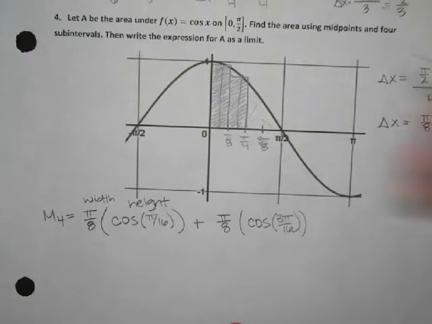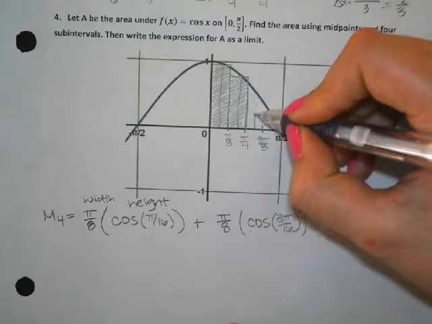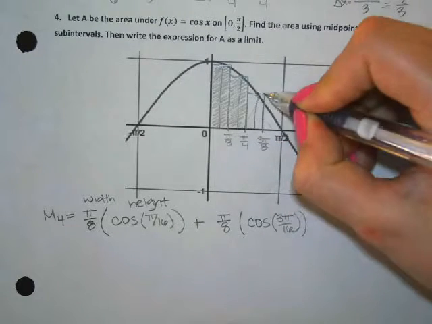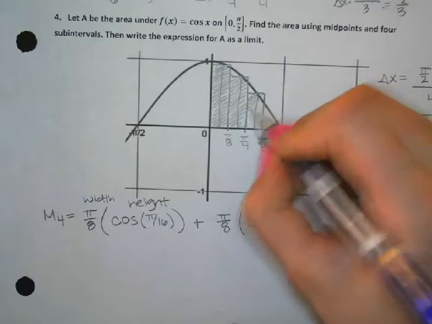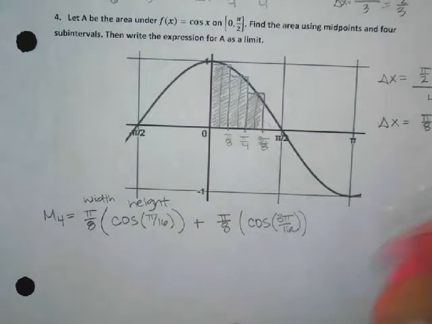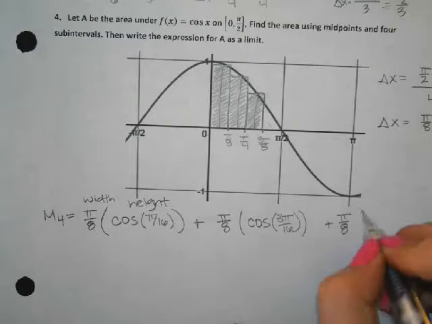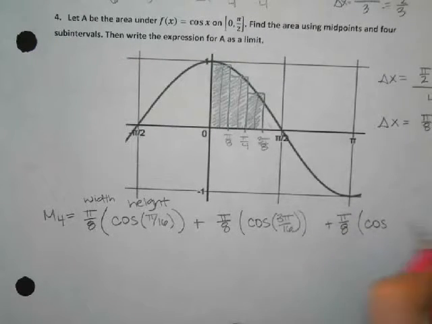Okay, so we're going to draw the midpoint of the next one. So the width of a rectangle is pi 8ths, and then cos of 5 pi 16ths. That's the height.